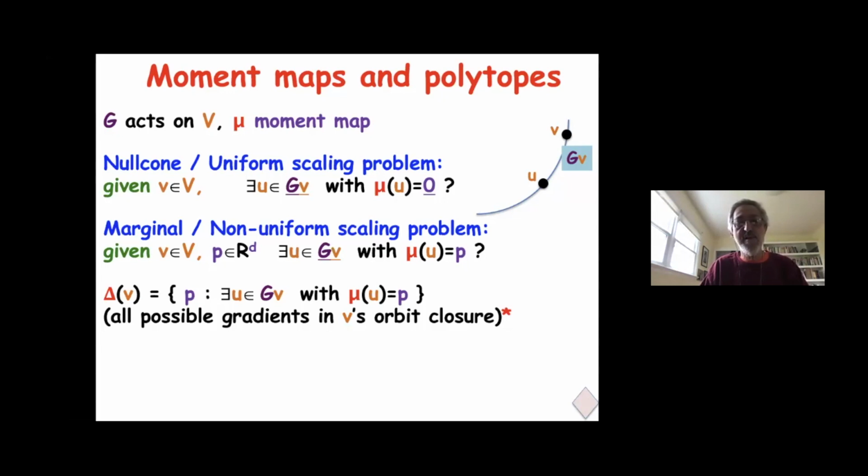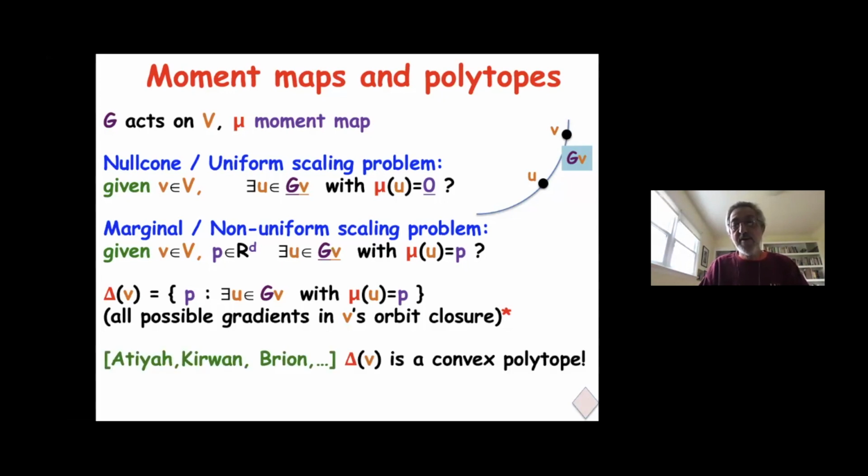But don't worry about this. Essentially, delta of V is all the moments that you can find on your orbit. So that's a set. Here's an amazing thing. What's the structure of this set? It's a convex polytope.